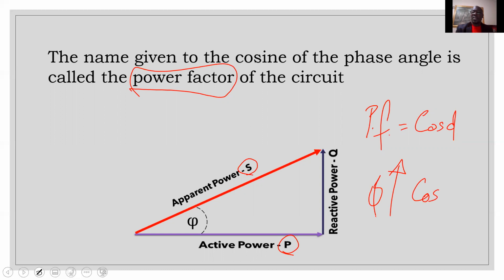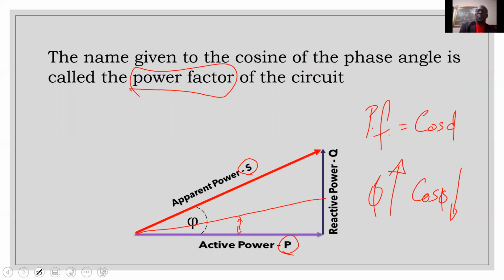So as phi increases, the cosine of phi gets smaller. It means, therefore, that the smaller the angle between S and P, the higher the cos phi, or in other words, a higher power factor.